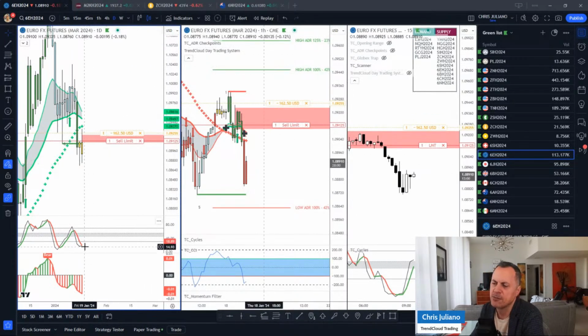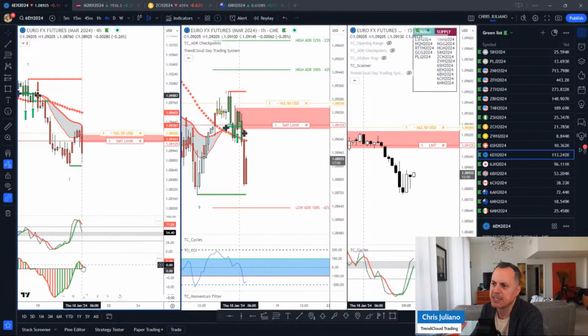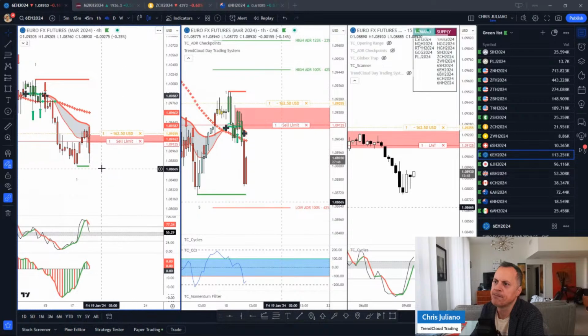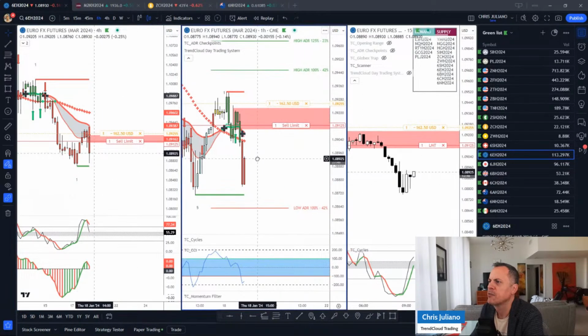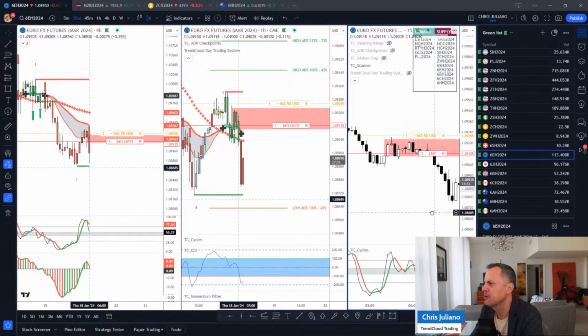So the momentum and the cycle is on our side with the daily as well. Back to the 4 hour. I like that it's cycling down, momentum is down, everything down, down, down. So we're looking at that 15-minute chart saying, okay, where's that level of imbalance, pulling back into a demand zone here.